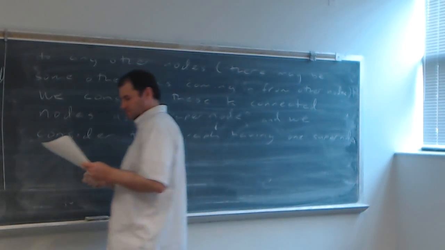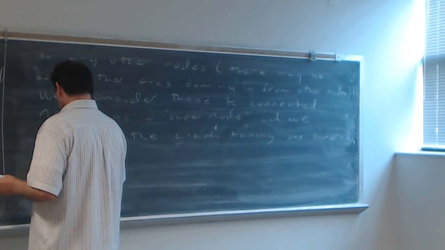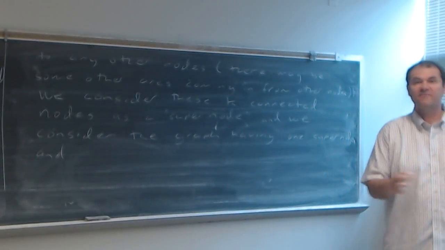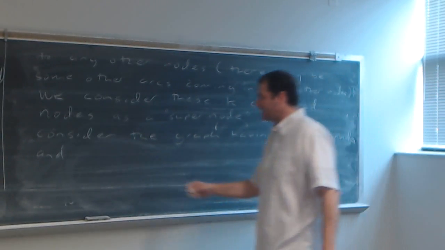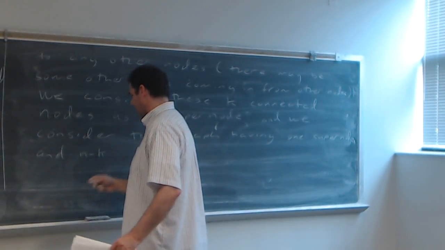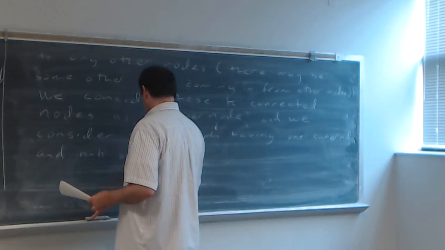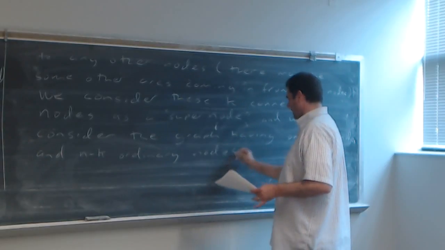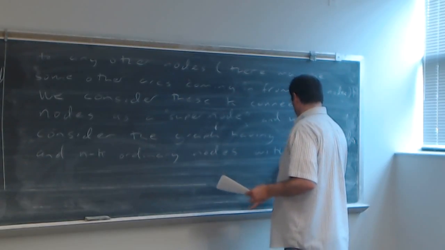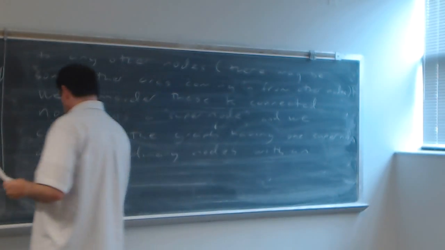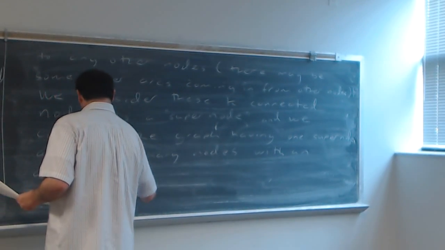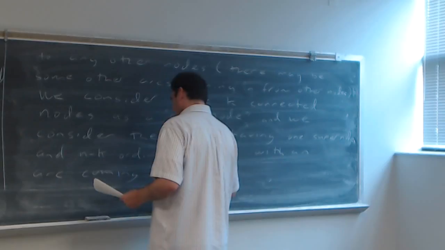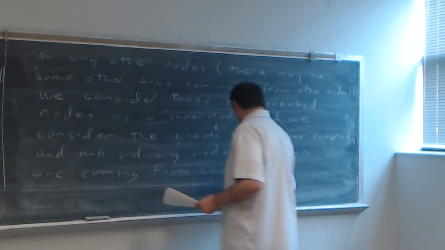Now the whole graph had n nodes, and k of them are combined to be a supernode. So there are n minus k of them that are not part of the supernode, which we'll call ordinary nodes. And each one of these ordinary nodes has an arc coming from it.